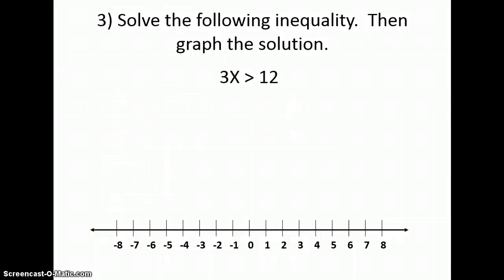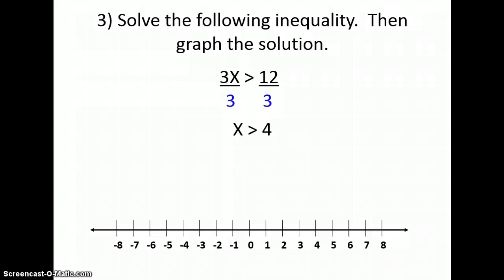The same rules apply when I have multiplication in my inequality. I'm going to solve it with division. So in this case, I'm going to take 3x is greater than 12 and divide both sides by 3, which cancels out these 3's, so I get x is greater than 4.